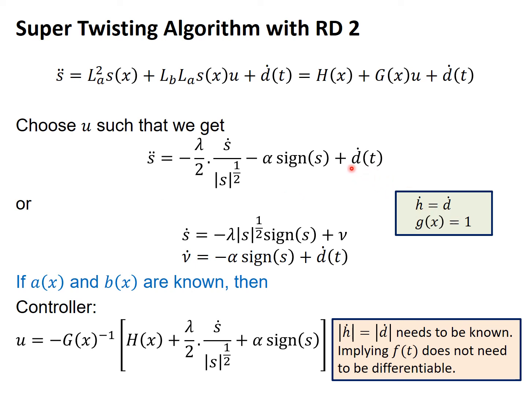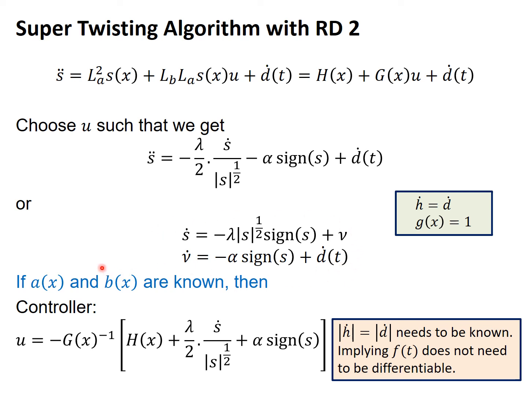There was an H dot plus G dot U, then minus alpha sin S. G is 1, that's why G dot is 0, so that U term is not there, and D dot will be equal to H dot. So H and D will be same. That means this form is same as this form.